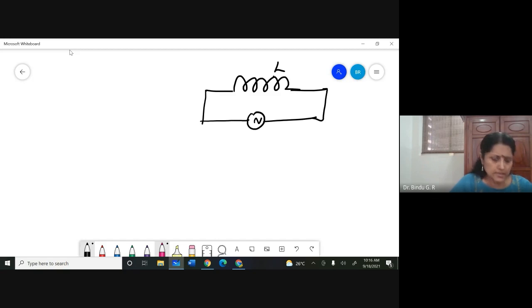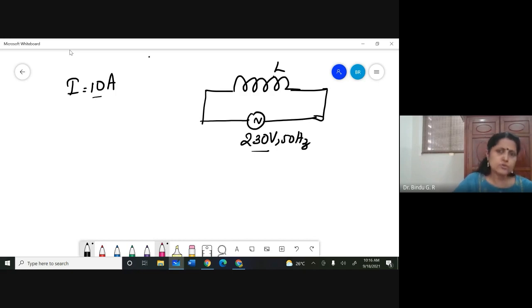The purely inductive coil allows a current of 10 ampere, which is the RMS value, when a 230 volt, 50 hertz supply is provided. Both 230 and 10 are RMS values of voltage and current. You are asked to find the inductive reactance.